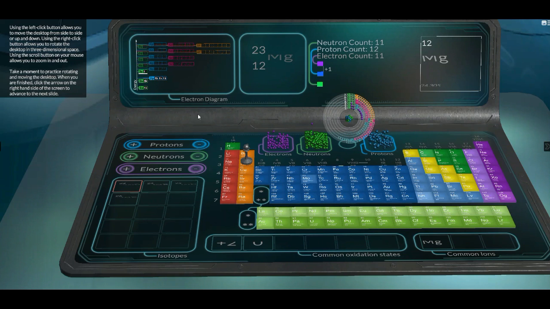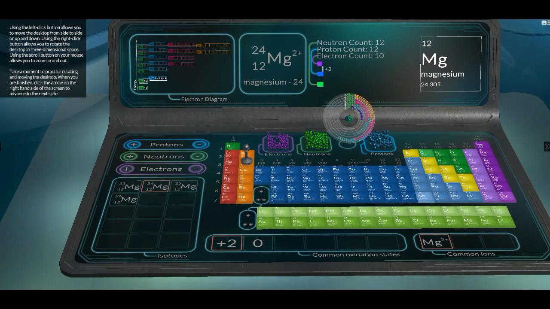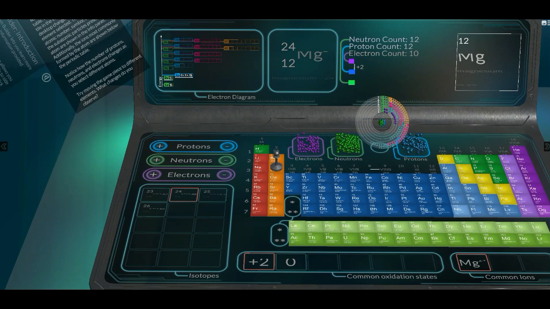We could tell them to add neutrons and see that they're going to change the isotope. We could tell them to add protons, and they will learn that whenever they add or subtract protons, they're going to change the element.